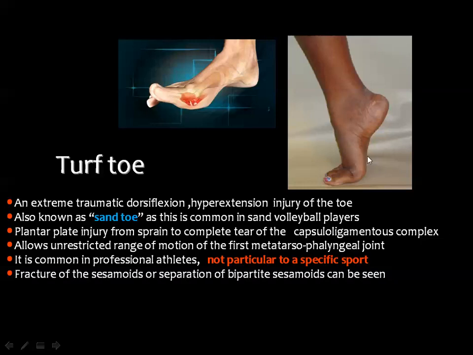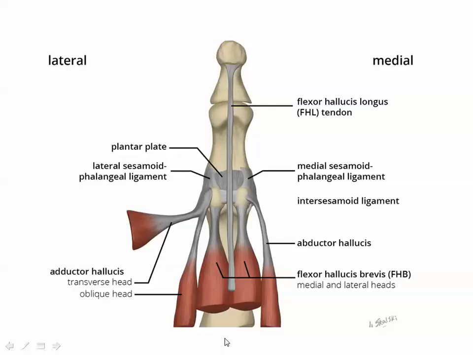And this pattern of injury will put too much stress on the ligaments and the tendons related to the big toe, and will result in this particular disease, which is known as turf toe. This is seen in professional athletes, but not specific for a particular type of sport. Any sport which is associated with this position can lead to this injury.